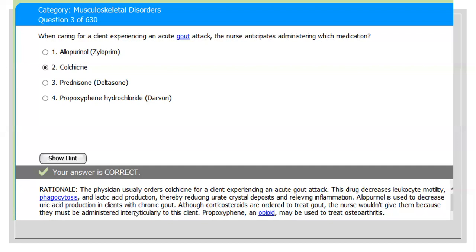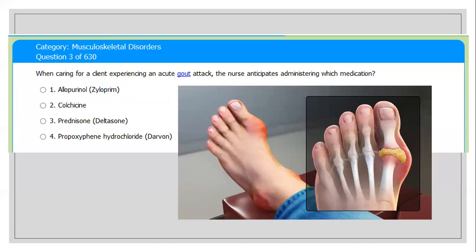So what does intraarticular mean? Imagine a patient came to you with a very bad gout condition. In emergencies, we give them an injection inside the joint. It is called an intraarticular injection.